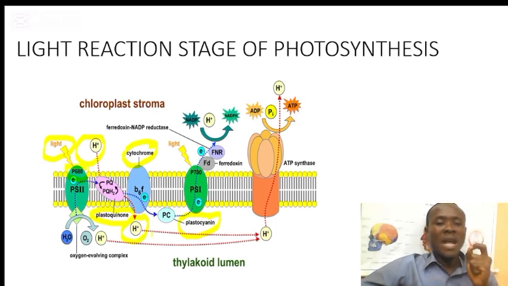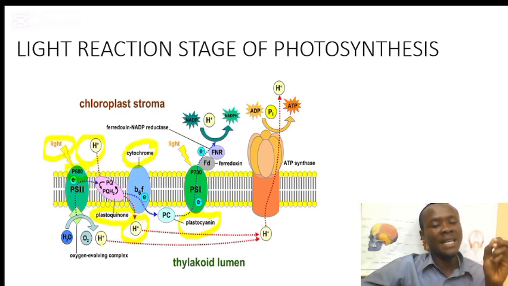So what will happen as the hydrogen ion moves from the stroma of the chloroplast into the thylakoid is that the hydrogen ion concentration in the thylakoid will increase, because when photolysis occurs, oxygen molecules and hydrogen ion are being produced in this process.